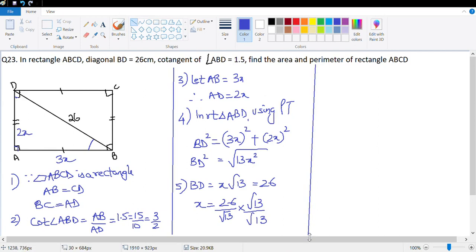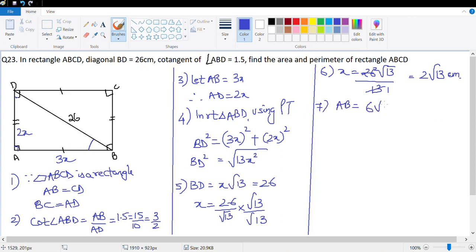What we get is x is equal to 26 root 13 upon 13, 13 1s are 13, 13 2s are 26. So this is equal to 2 root 13 centimeter, which means AB is equal to 3x, which is 6 root 13, which means AD is equal to 2x, which is 4 root 13 centimeter.